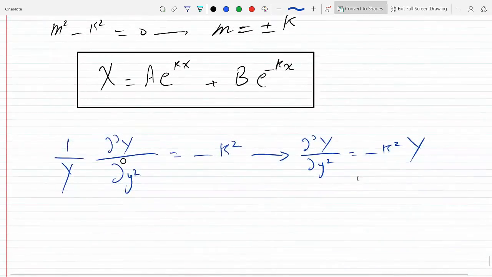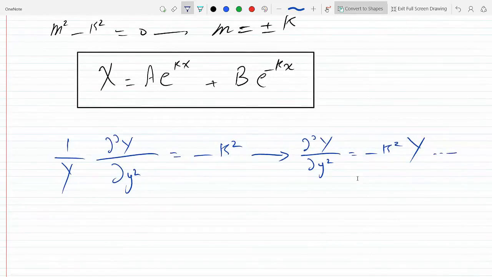So if I skip all these in-between steps, I will get directly to the complementary or auxiliary equation.